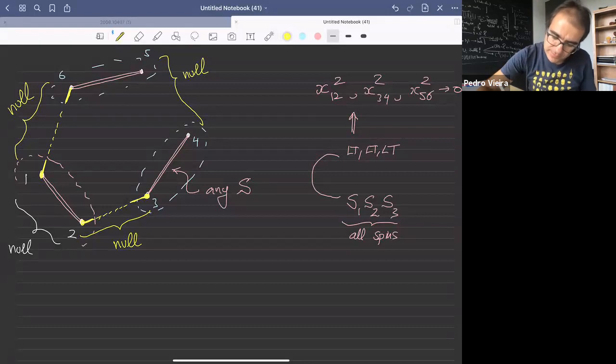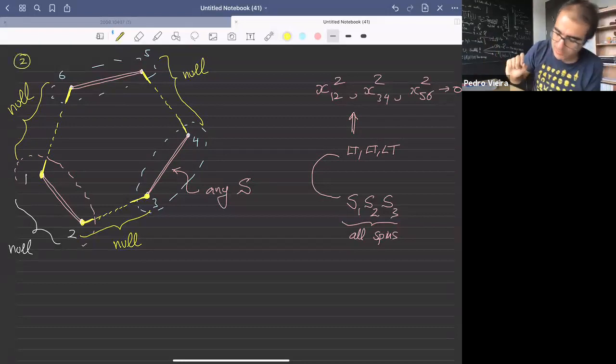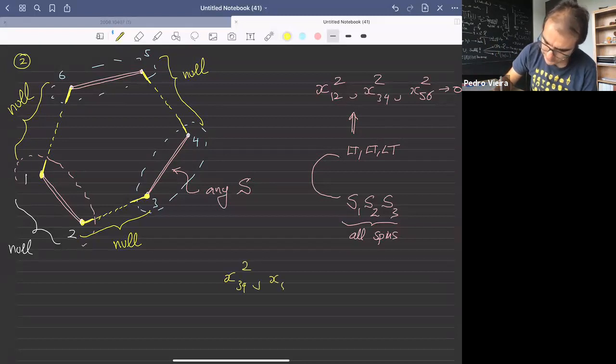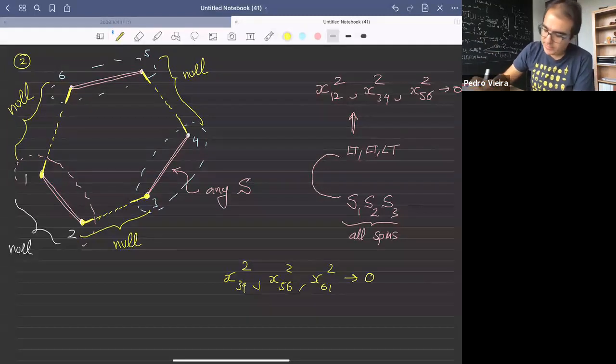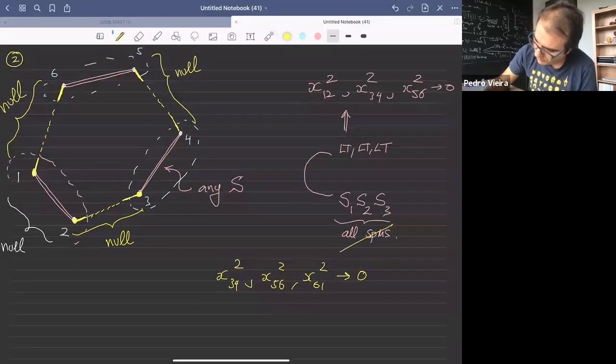So what happens in this limit when at the second step I make these new distances become null, x 3, 4 square, x 5, 6 square, and x 6, 1 square go to 0, is that I'm dominated now by large spin.